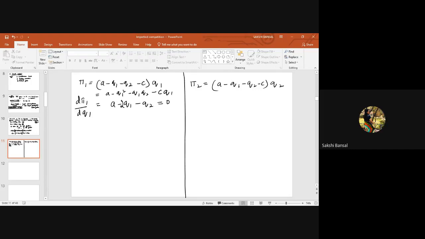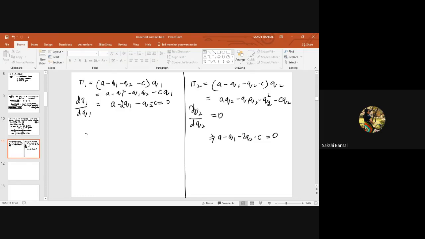Similarly, it's better not to skip this point, otherwise there will be an error. Similarly, differentiate this one, equate it to 0, and find out.